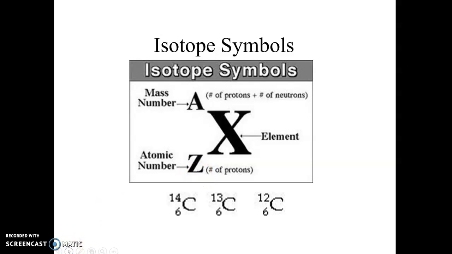So our carbon 12, carbon 13, and carbon 14 would look like this. All of them are carbon, so they all have the C. All of them are carbon, so they all have an atomic number of 6, but the different masses appear in the upper left-hand corner. So we have carbon 12, carbon 13, and carbon 14.